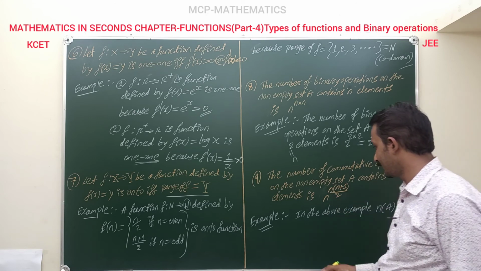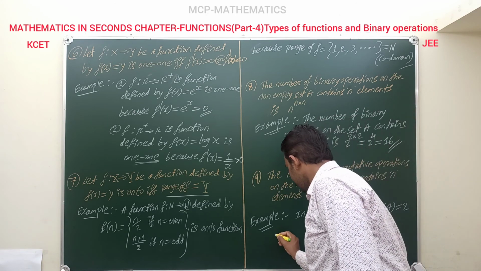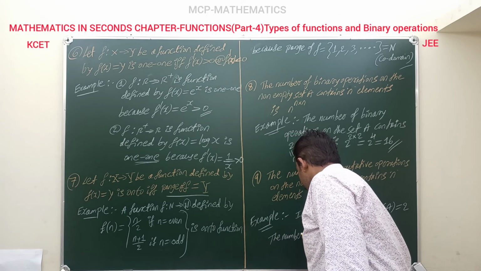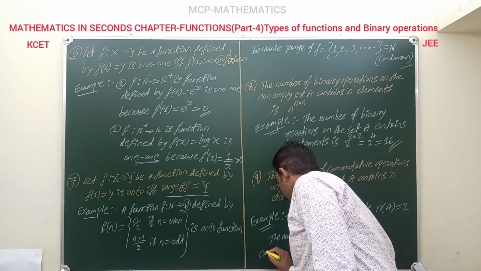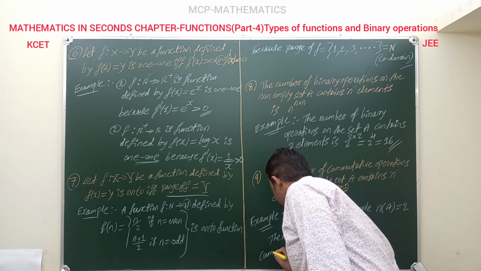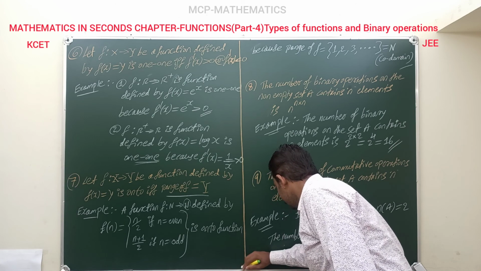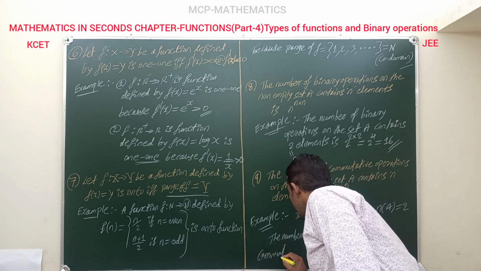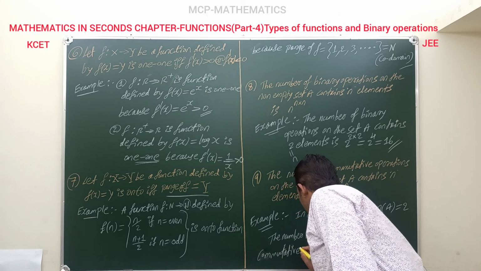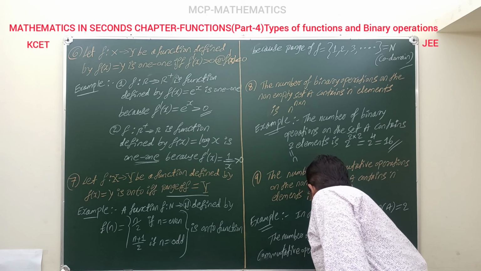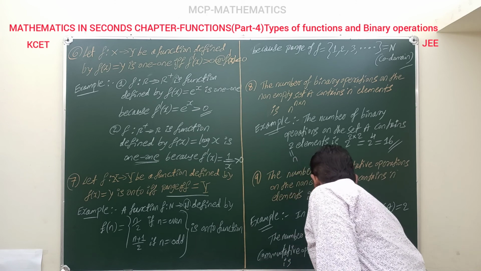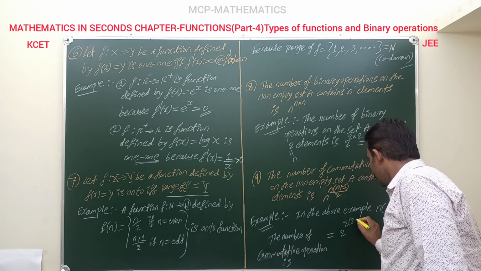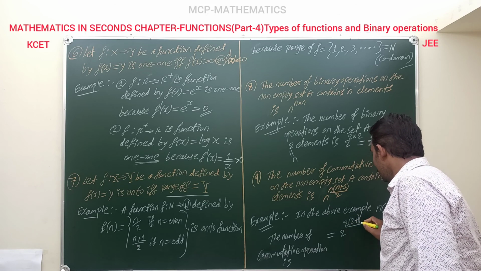So directly you can write the number of commutative operations is 2 power 2 into 2 plus 1 divided by 2.